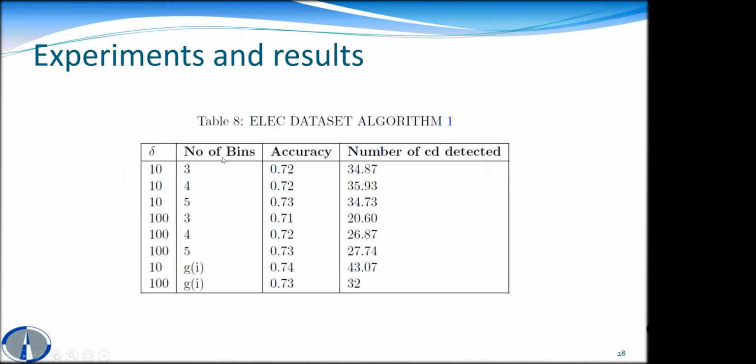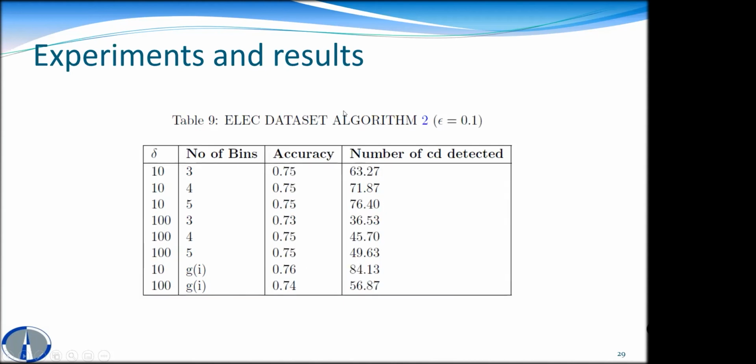And here we have the real data set. The best results are obtained when we set the number of bins to grow. We have an increase of accuracy here when delta equals 10. When we use the second algorithm with epsilon equal to 0.1, we have again an increase in accuracy at almost every number of bins, and also an increase in the number of causal drifts detected.